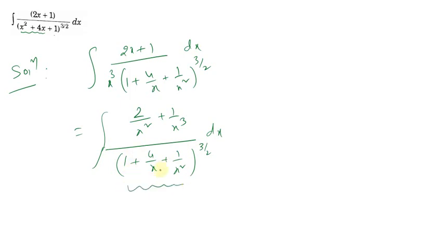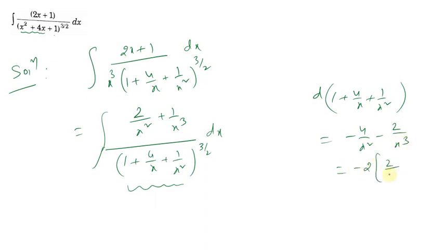Now the derivative of the expression is nothing but this expression only. So the derivative of 1 + 4/x + 1/x^2 is equal to minus 4/x^2 and minus 2/x^3. If you take common minus 2, this will be 2/x^2 + 1/x^3.